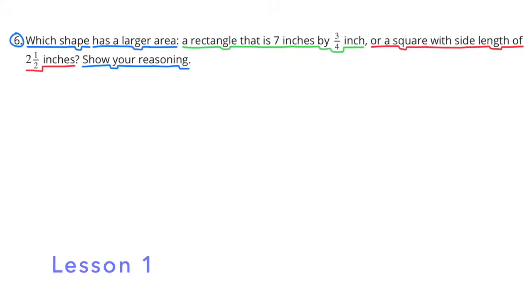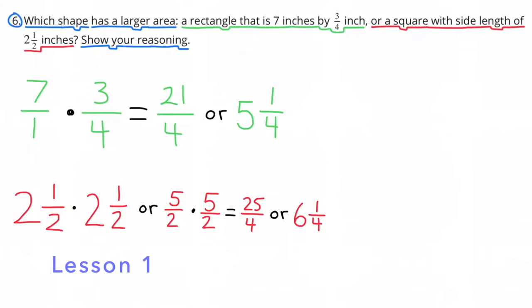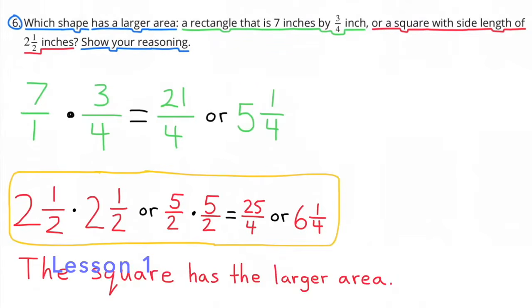Show your reasoning. 7 inches can be represented as 7/1, and 7/1 times 3/4 inches equals 21/4 or 5 1/4 inches. 2.5 times 2.5 is the same as 5/2 times 5/2, which equals 25/4 or 6 1/4. The square has the larger area because 6 1/4 is greater than 5 1/4.